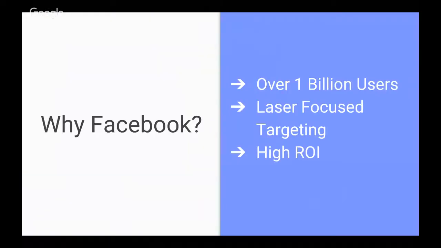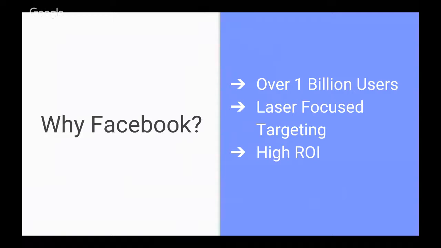So why Facebook? Why do we want to use Facebook? Facebook has over 1 billion users, as we all know. It's the most popular social network in the world. But from an ads perspective, and as a realtor purchasing ads on Facebook, the super important thing is that it has laser-focused targeting.